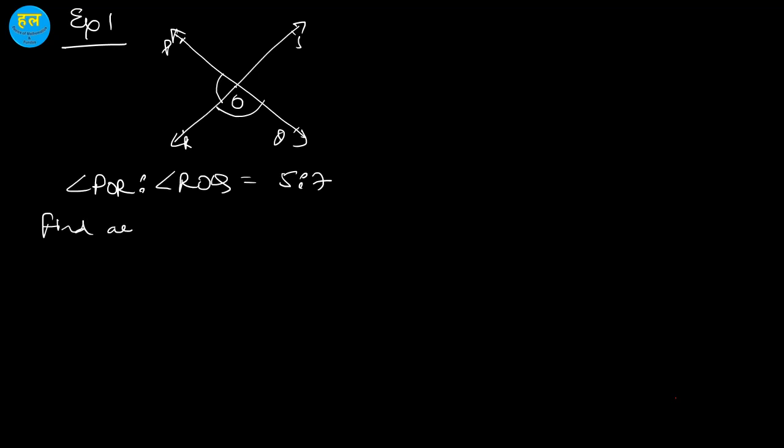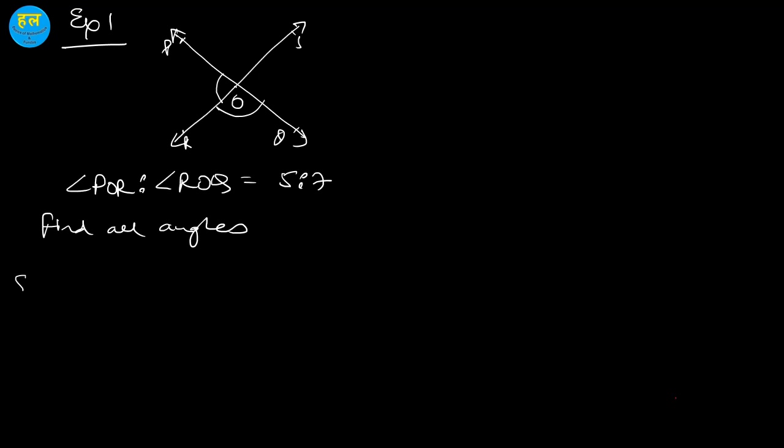PQ and RS intersect at O. This is P, this is Q, this is R, this is S. They intersect at O. If angle POR, that means this angle, and angle ROQ, that means this angle, are in a ratio 5:7, find all the angles. We have to find all angles.